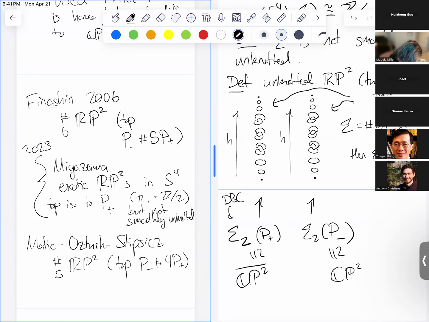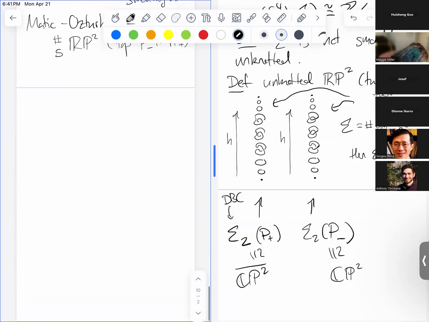And again, the obstruction is the double branched cover, but in a more interesting way. So Miyazawa, what he does is he has a particular RP2 in mind, and I'm going to tell you what the example is because that's important. So let's say we have our RP2 in S4, and we're comparing it to P plus, which is just another RP2 in S4.